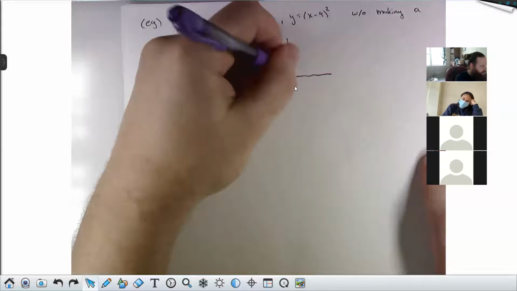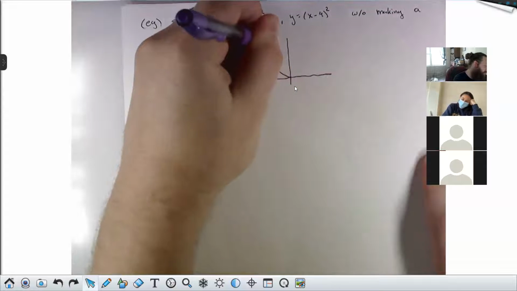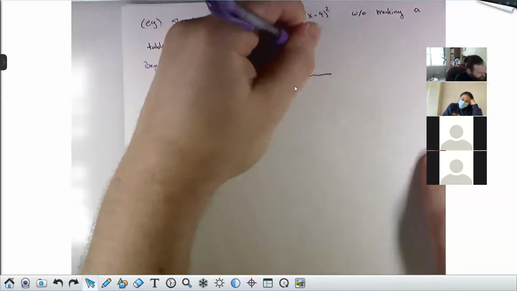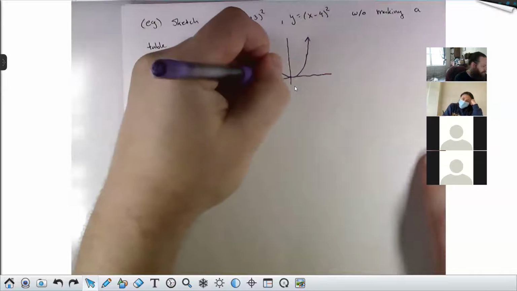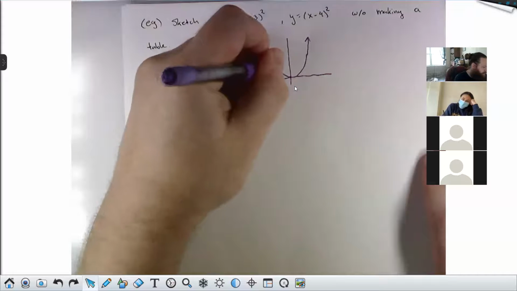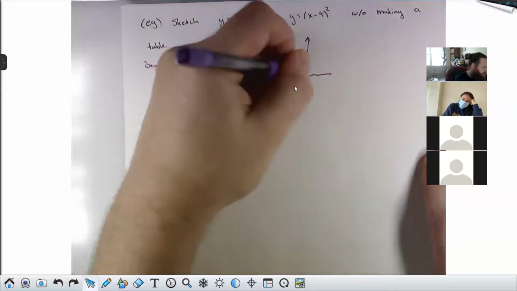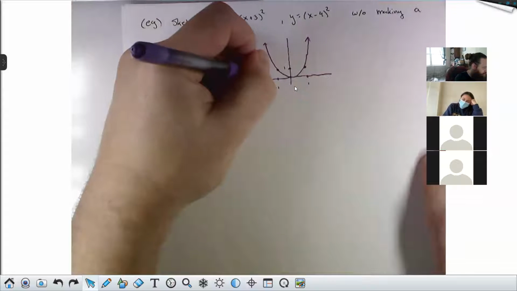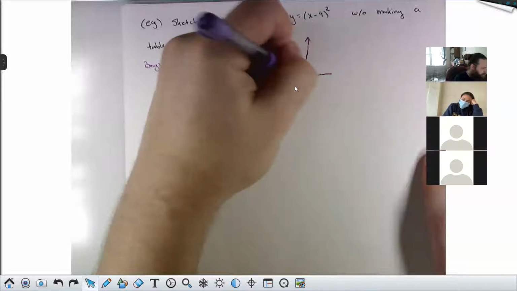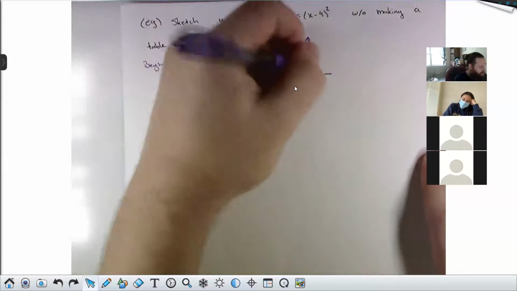Everybody knows this graph, yeah? So I've got -1, 1, +1, 1, -2, 4, +2, 4, 0, 0, right? There's your x squared graph.